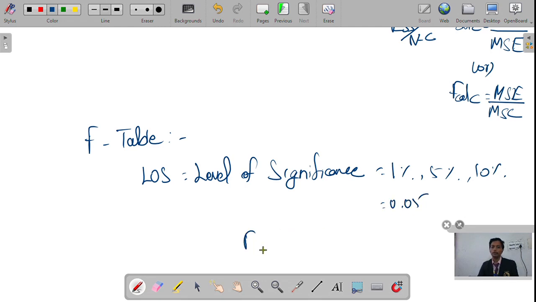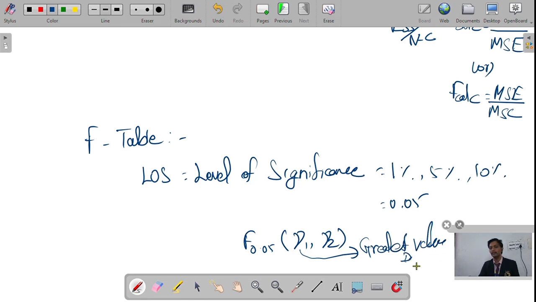So F 0.05 of nu1 comma nu2, where nu1 is found from the greatest value's degree of freedom.